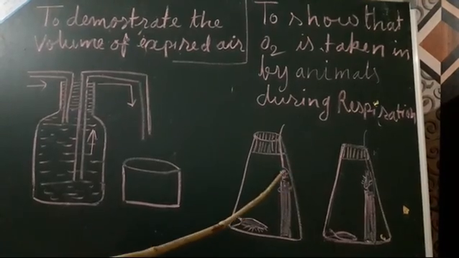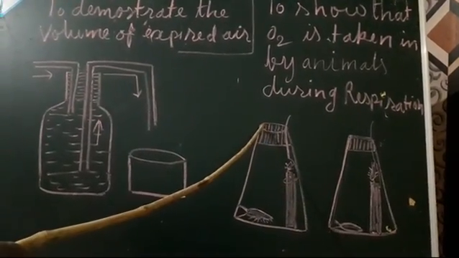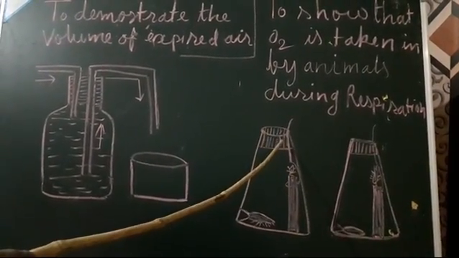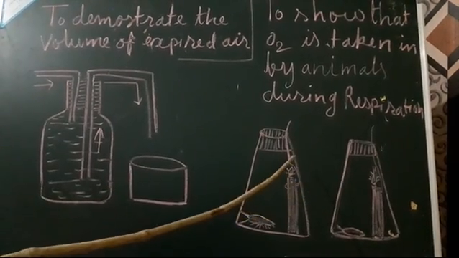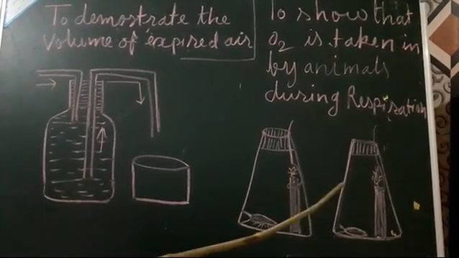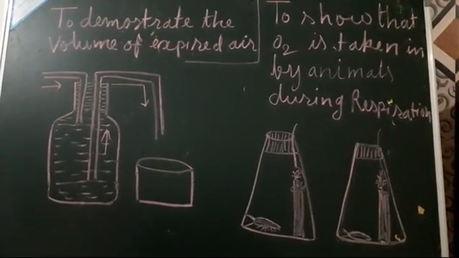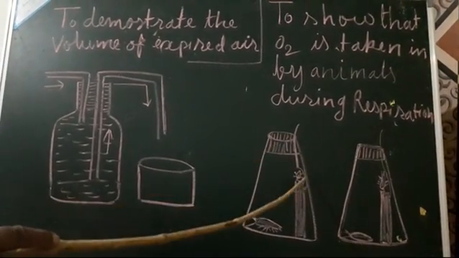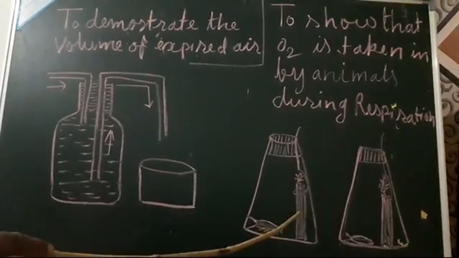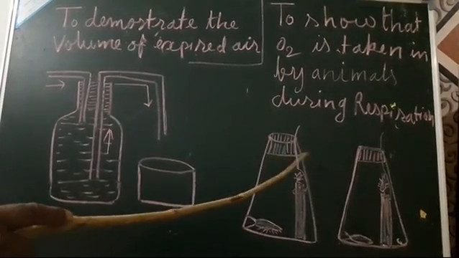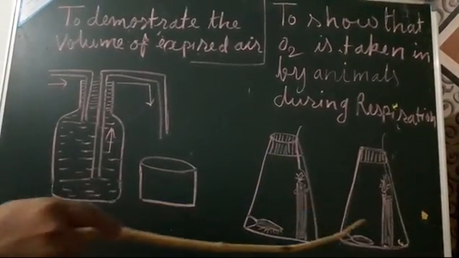Now the cork is put here, made airtight, and kept for a few hours. After that, a burning candle is inserted, suspended with a thread, and again made airtight in both flasks.